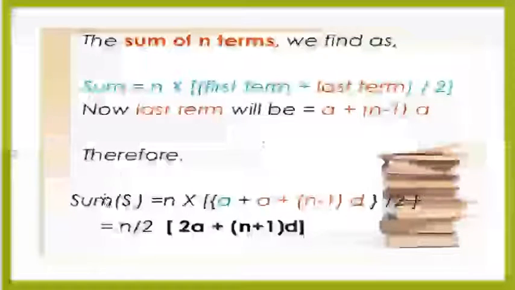Therefore the sum Sn is equal to n into {a plus a plus (n minus 1) into d}, divided by 2, which is equal to n upon 2 into (2a plus (n minus 1) d).